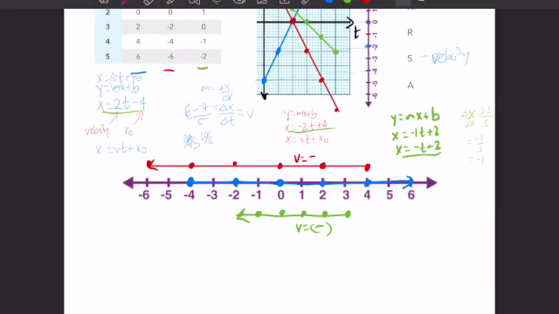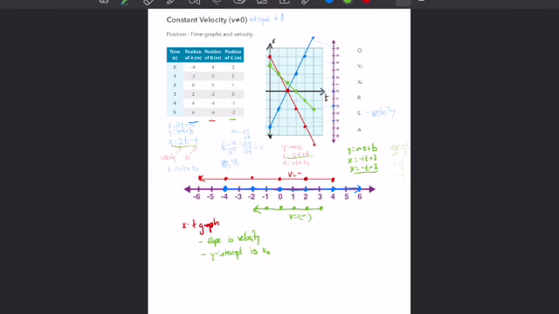So takeaway is on an xt graph, slope is velocity. The y-intercept is x0. And those are our takeaways from that graph.